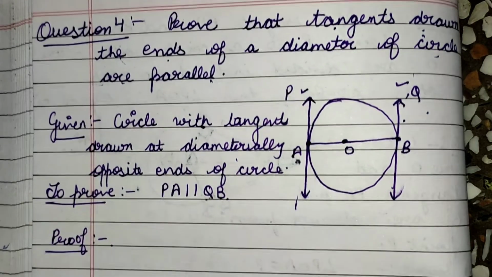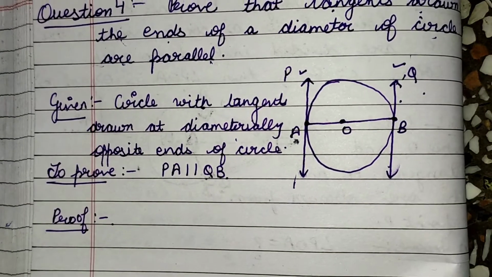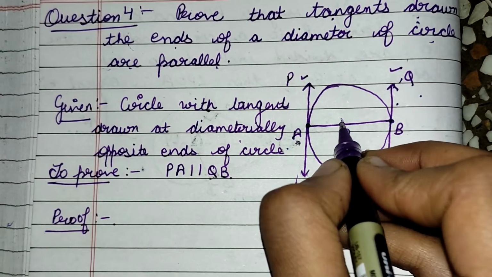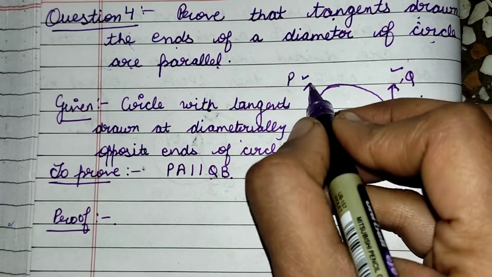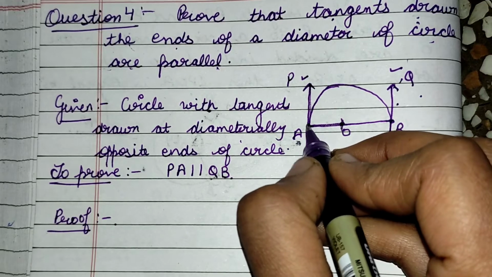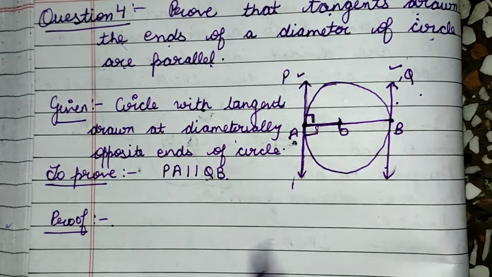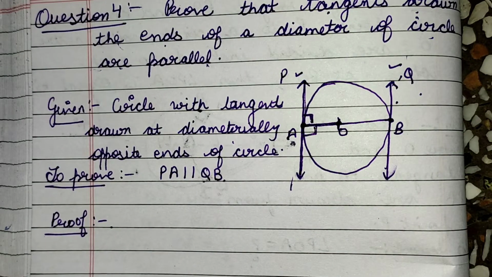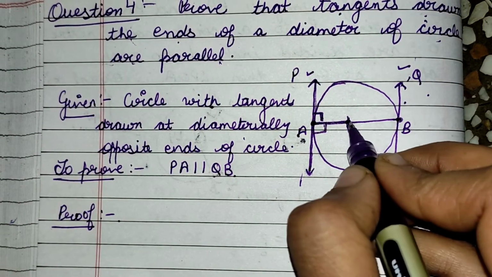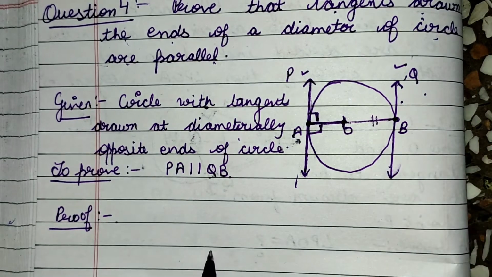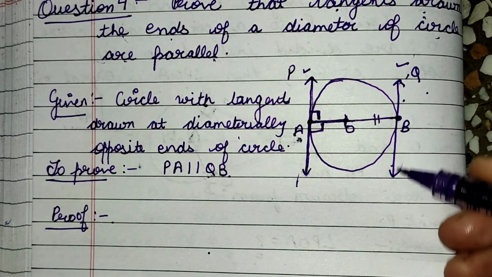So let's start our proof. Again, by making use of theorem number 10.1, we can say that this OA is a radius and it is at the point of contact A. What angle will it make? It will make an angle of 90 degrees. Here also it will make an angle of 90 degrees. And OB is also a radius, and this is my tangent.